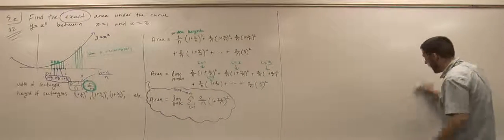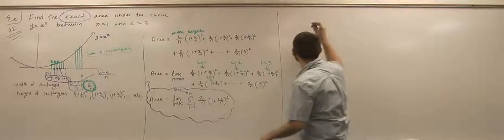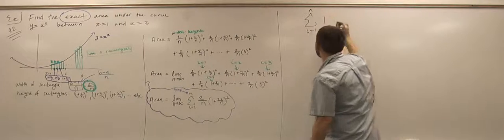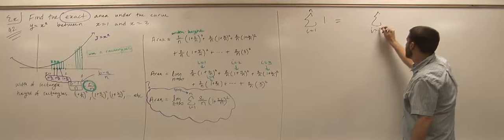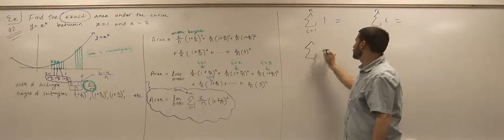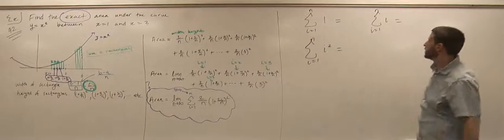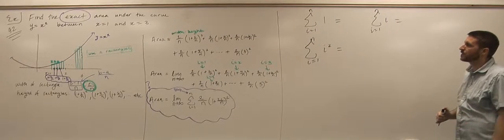The reason we take that step is because we have formulas like the summation from i equals 1 to n of 1 equals something, and the summation from i equals 1 to n of i equals something, and the summation from i equals 1 to n of i squared equals something. So we talked about some of these common sums last time.